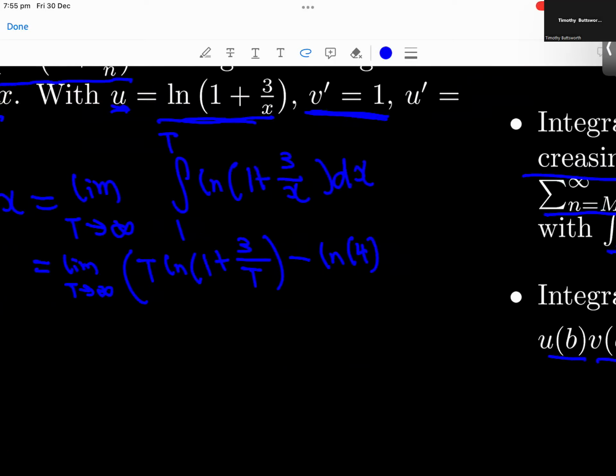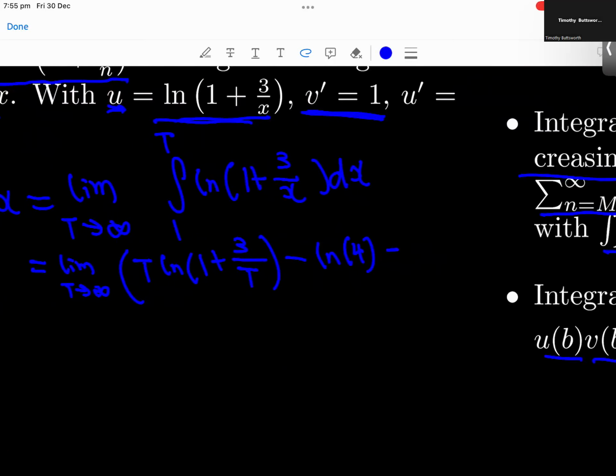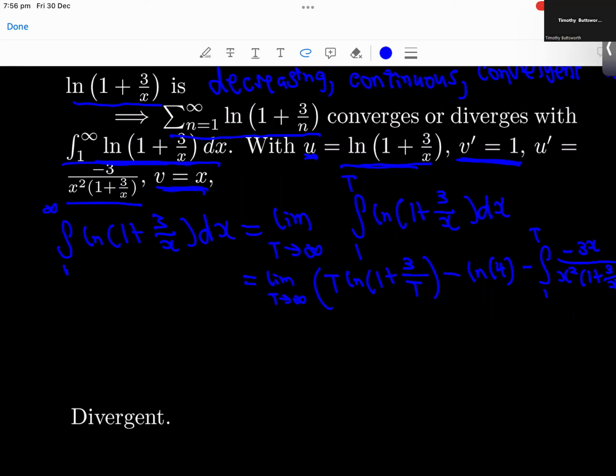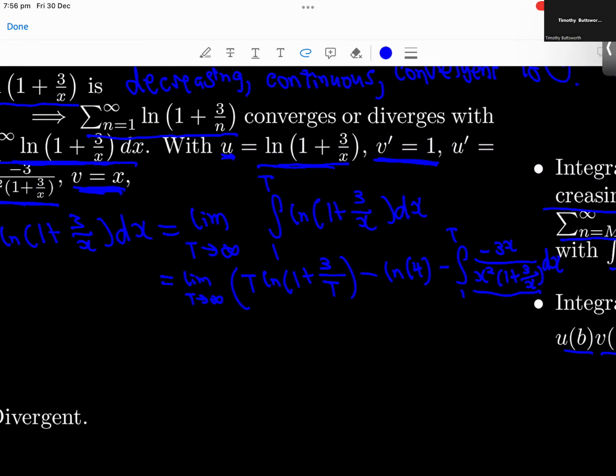And then with the integration by parts, we subtract the integral from 1 up to t of minus 3 over x squared times 1 plus 3 divided by x, times x, dx. Because remember, what we've got to put here is u dash times v. So that's all that's going on down here.